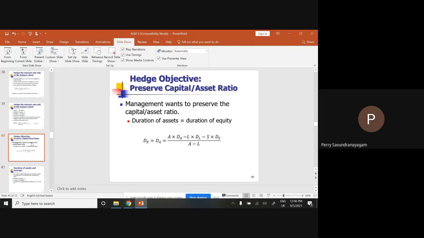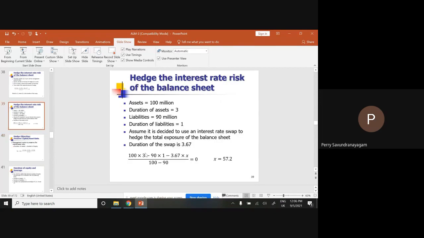What has happened here is, assume the manager has decided to use the interest rate swap to hedge the duration. So I will go out there and do a swap for 57 million rupees. I'm paying fixed and receiving floating, and I make sure I cover my mismatch between assets and liabilities.